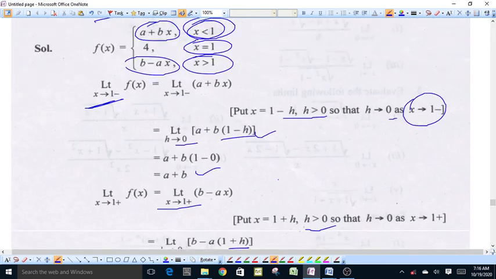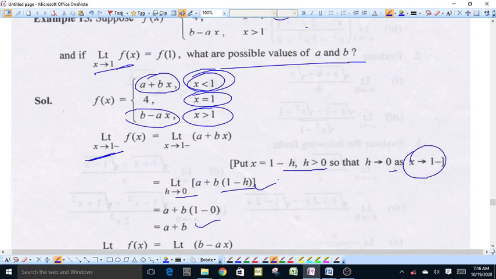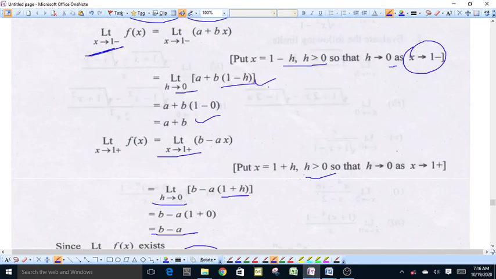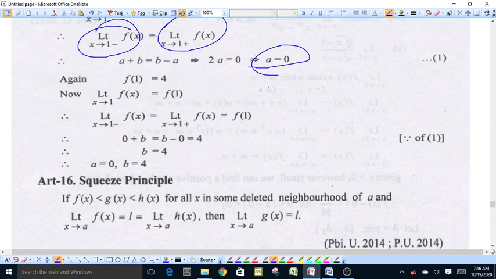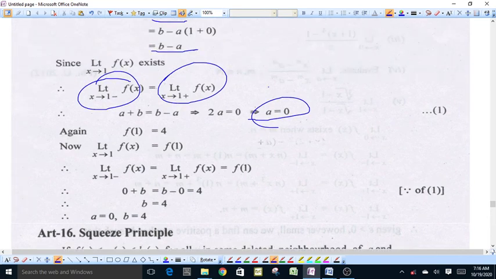Now also we are given that the value of the function at x equal to 1 is equal to 4. Also, the limit of the function at x equal to 1 is equal to the value of the function.